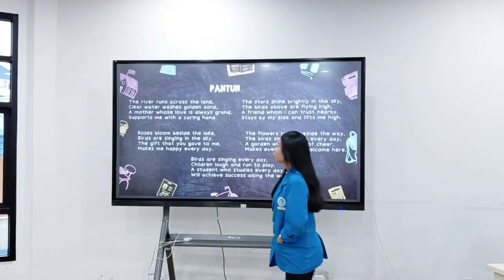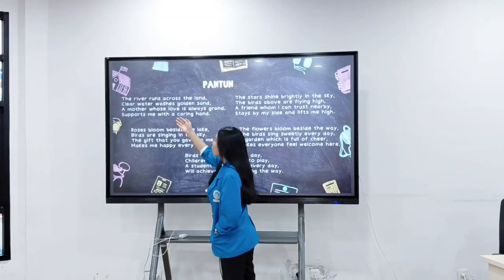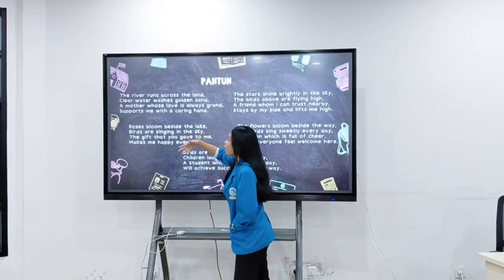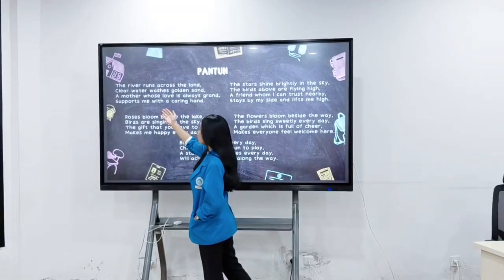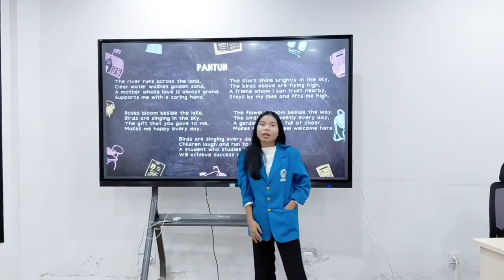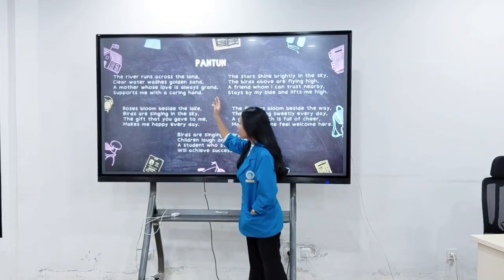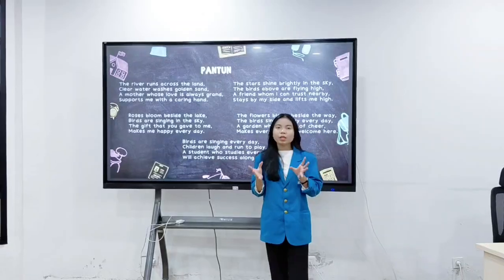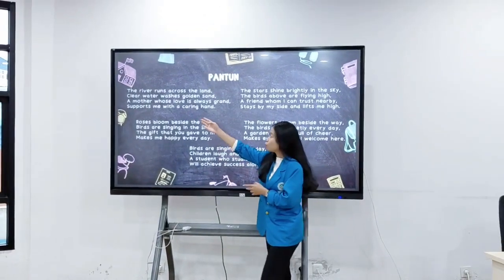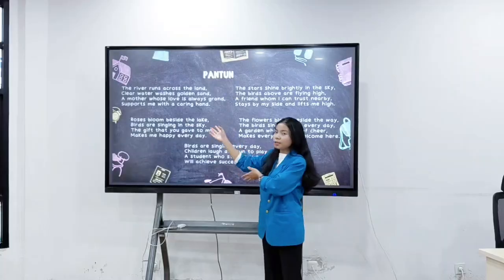In the last pantun: the river runs across the lake, clear water washes golden sail. A mother whose love is always green supports me with a caring hand. In this pantun, we use whose because it shows possession.